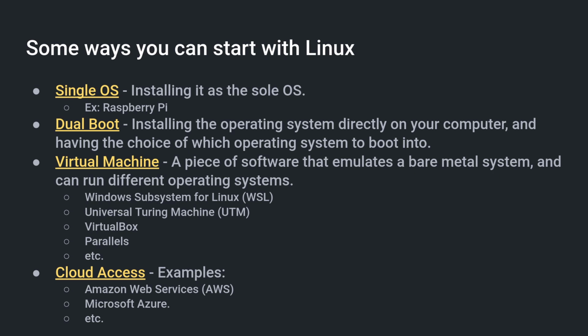One that's really good for Windows is called Windows Subsystem for Linux, and the most up-to-date version is actually WSL2. And then we also have UTM, which is for macOS. We have VirtualBox, and we also have Parallels, which I'm pretty sure is also for macOS. And there are many others.